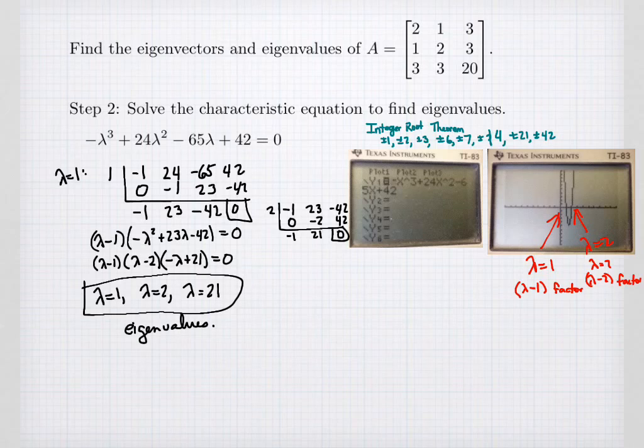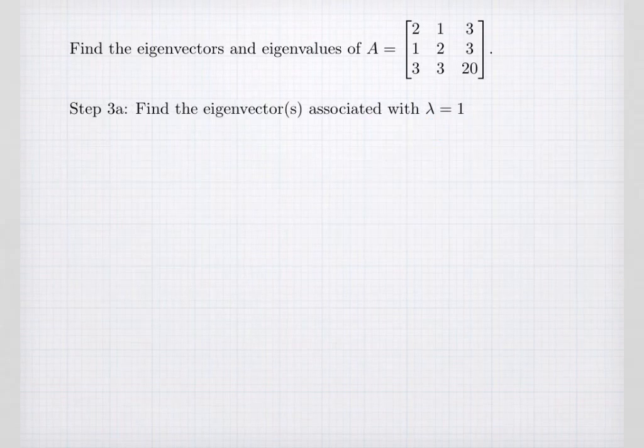Next, we'll need to find out what the eigenvectors associated with each of those eigenvalues are. So let's start with the eigenvalue lambda equals 1.